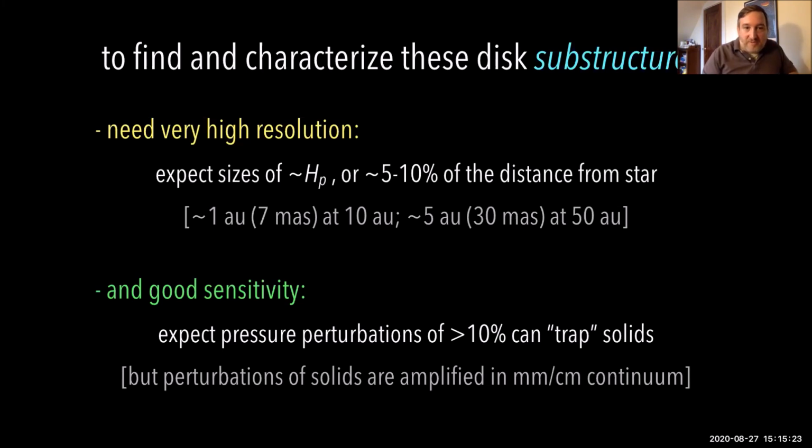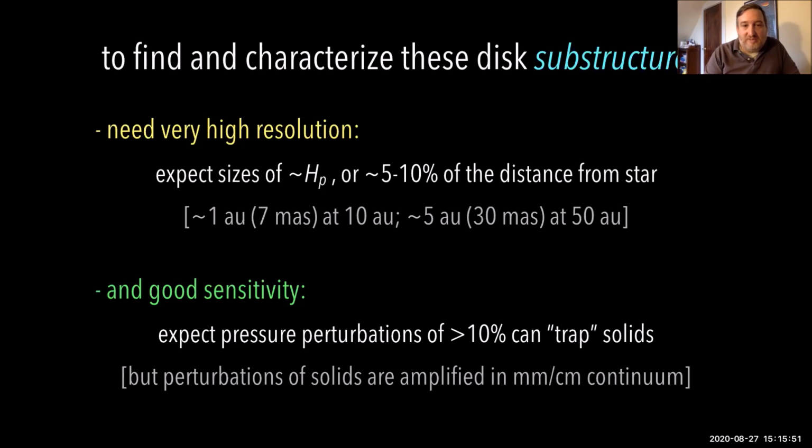So if I stick some numbers in there, pressure perturbations of the scale of 1 AU can be expected at a disk radius of about 10 AU. So that's 7 milliarcsecond resolution for typical star-forming regions. The number's more like 5 AU at about 50 AU, right?